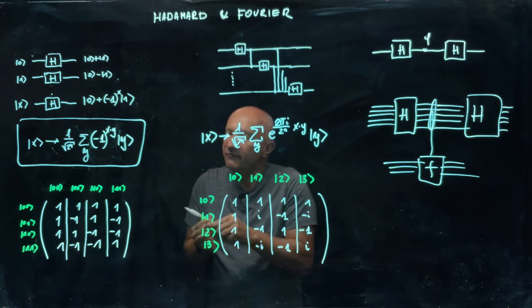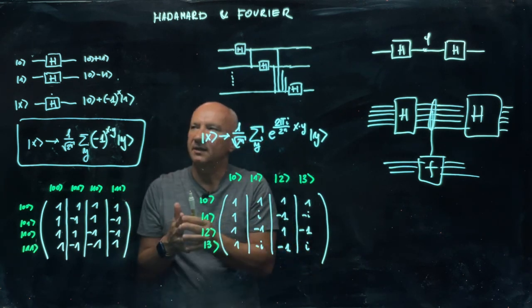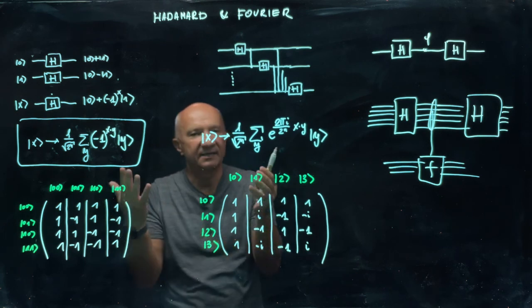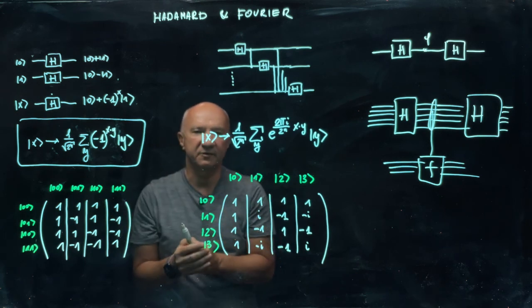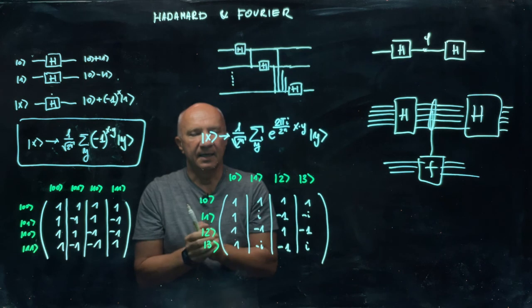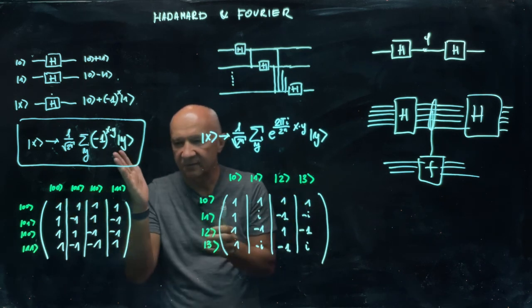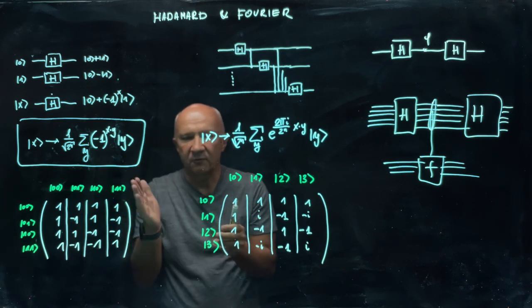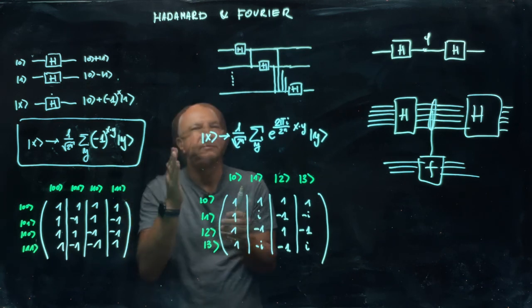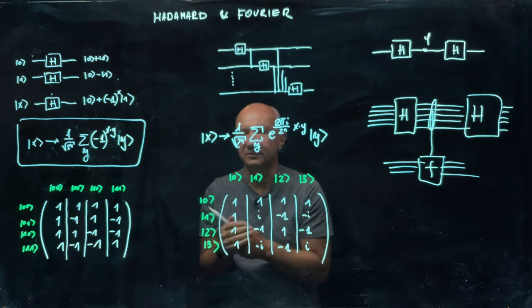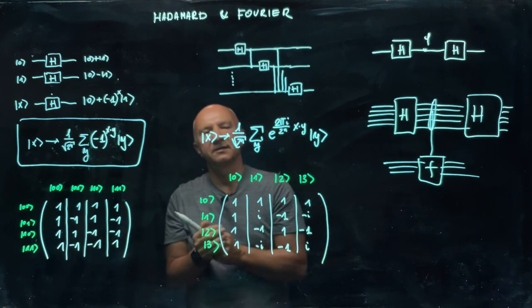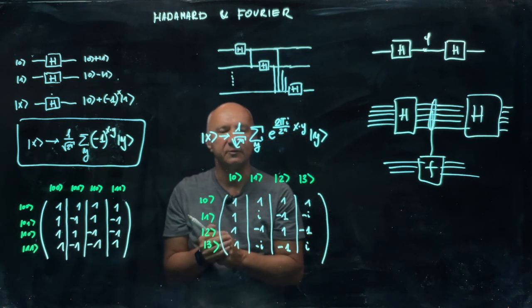Now, if you want to think about your binary strings not as binary strings, but as representing something, for example numbers, so you take 2 qubits again, and you say, okay, 0 0 is number 0, 0 1 is number 1, 1 1 can represent number 3, and 1 0 can represent number 2.